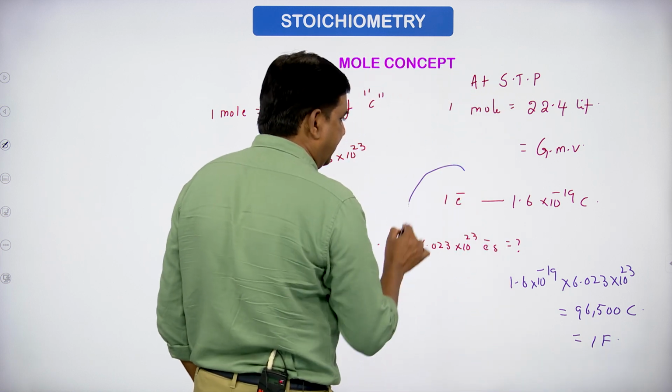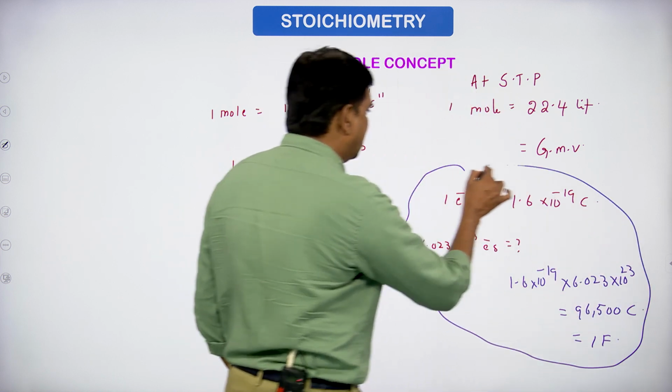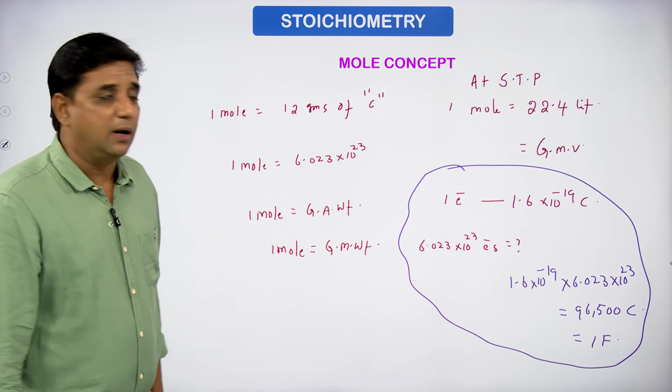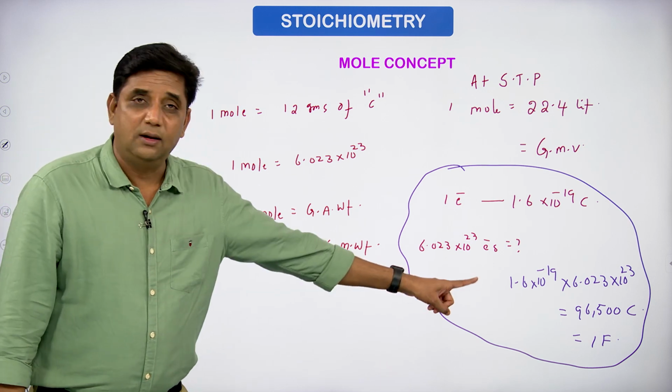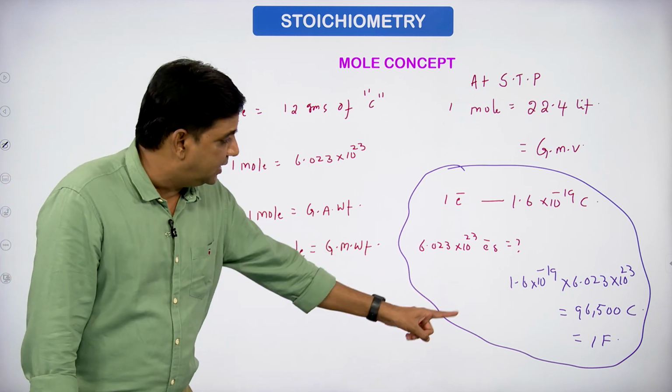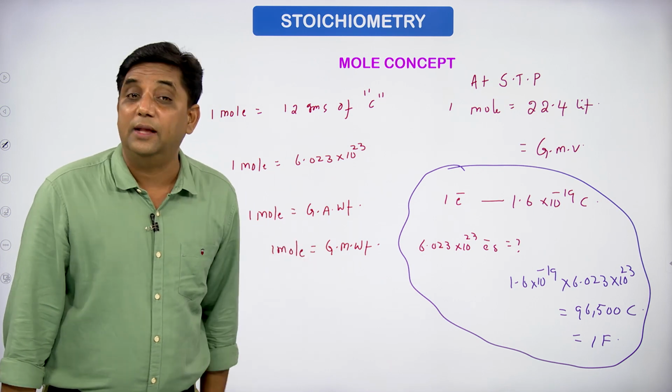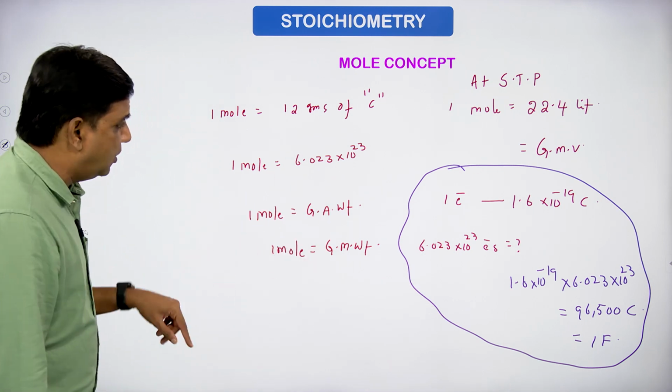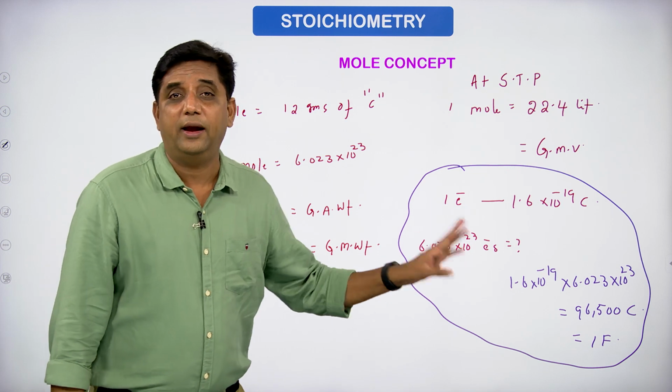This is also a very important calculation, students. So the charge of 1 mole of electrons is 96,500 coulombs, which equals 1 Faraday.